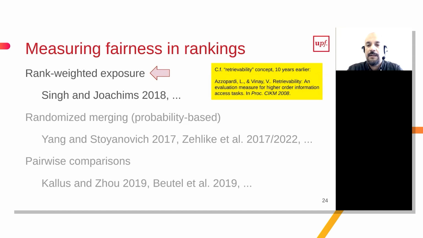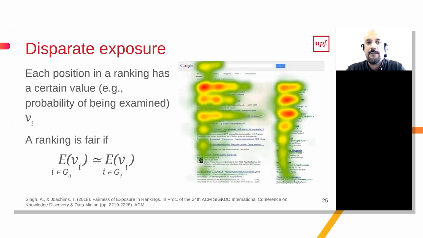In the case of my group, then there is Julia Stoyanovich's group, there have been other developments along a similar line in 2017, 2019, which is more or less the year in which this all started again to be considered an important problem. And Singh and Joachims in 2018 defined this idea of disparate exposure.